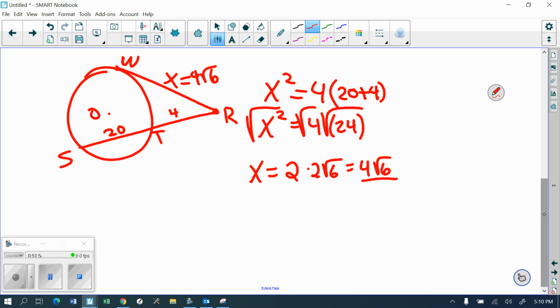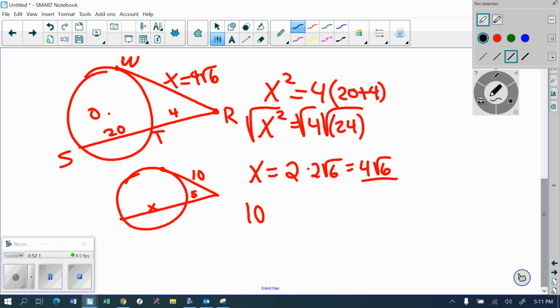If I gave you the tangent to begin with, let's say that's 10, and I don't know what that one is, and I call this one 5, the secant. Well, then I have 10 squared for the tangent. I'm always squaring the tangent, equals the outside times the whole.